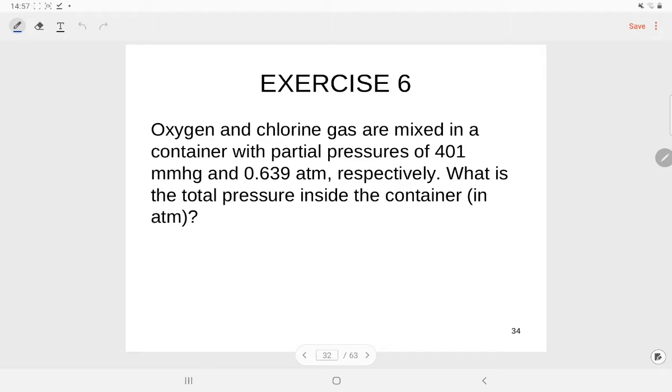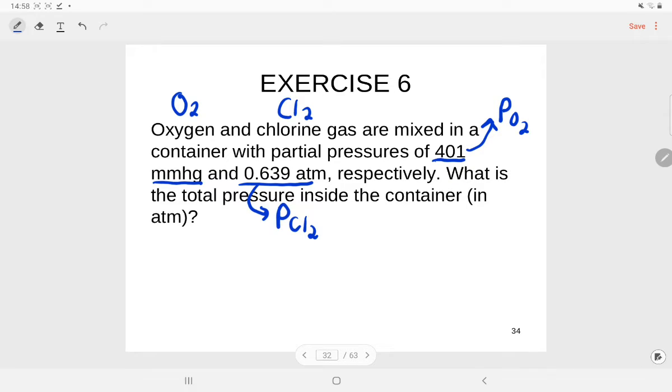So let's apply our knowledge with this exercise. Oxygen O2 and chlorine gas Cl2 are mixed in a container with partial pressures of 401 millimeter mercury, which is the partial pressure of O2, and 0.639 atm, which is the partial pressure of Cl2, respectively.